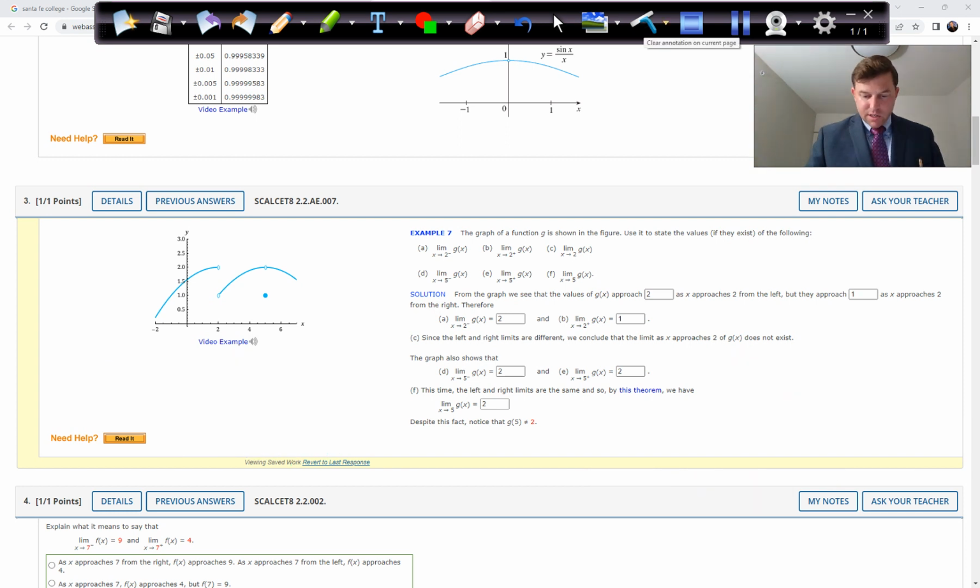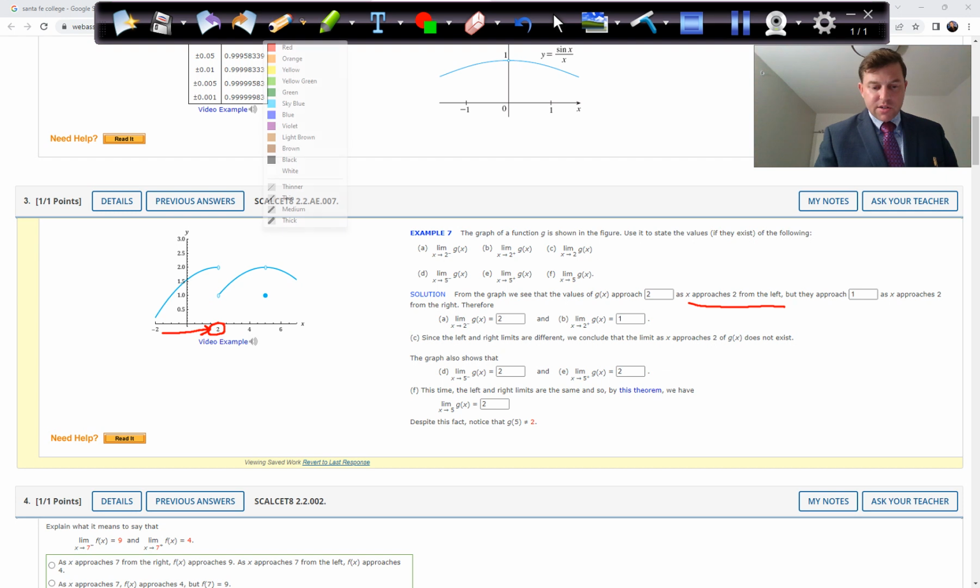So the first one says, what is g of x? From the graph, we see that the value of g approaches 2 as x approaches 2 from the left. So I'm going towards positive 2. That's my goal destination, but I have to ride, this is how I teach this, you have to ride the curve. So I'm trying to get to 2 going left to right. I have to ride this blue curve.